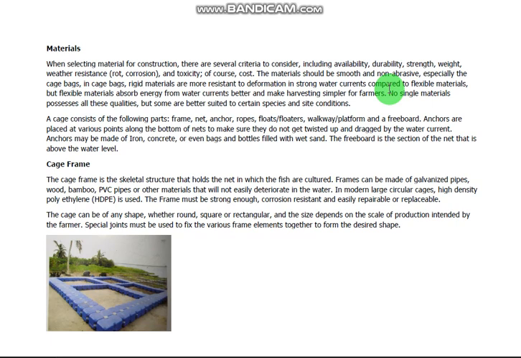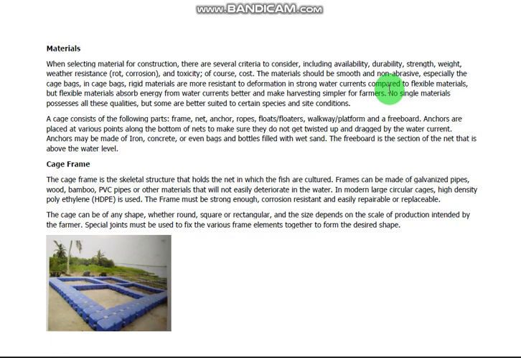So no single material possesses all these qualities. That's the main fact you need to know. You can't find a material that is perfect in all these qualities, but some are better suited to certain species and site conditions.